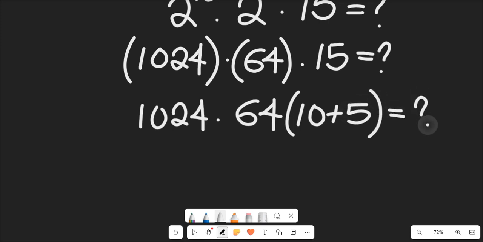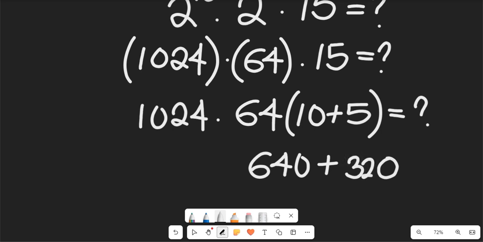I will simplify that. 10 plus 5, this will now give me 640 because I will just add 0 to this, plus 5 times 64 will give me 320. I'll write 2. I will give it 30 plus 2. That will give me 32, right? And then this will multiply, since this is adding up, this will multiply 1024.